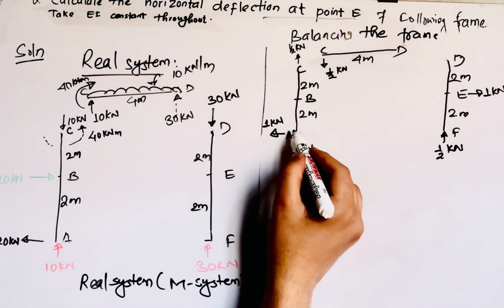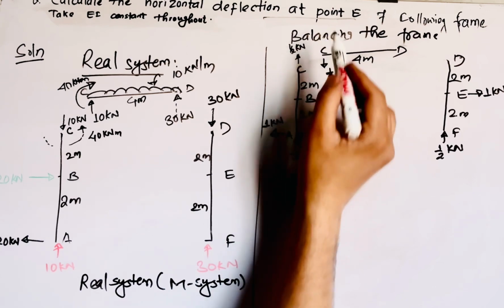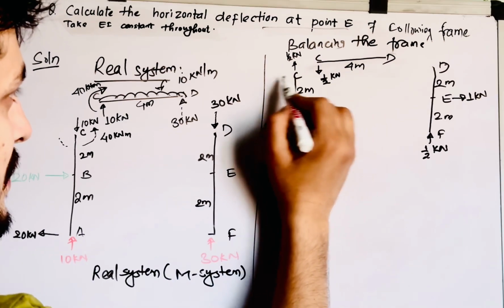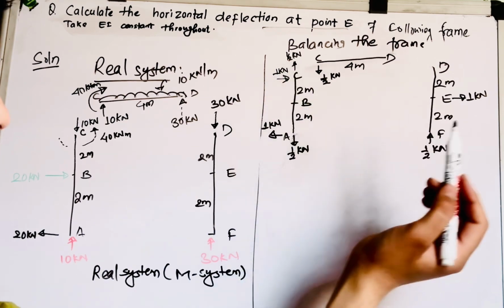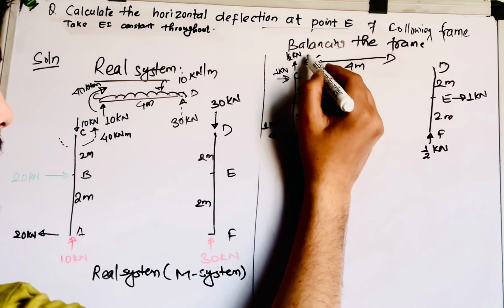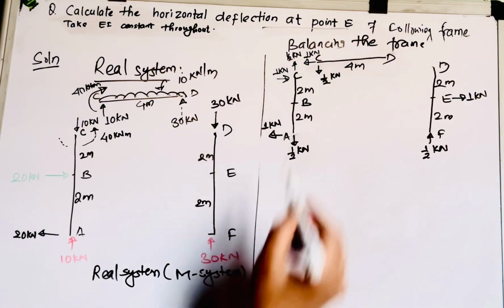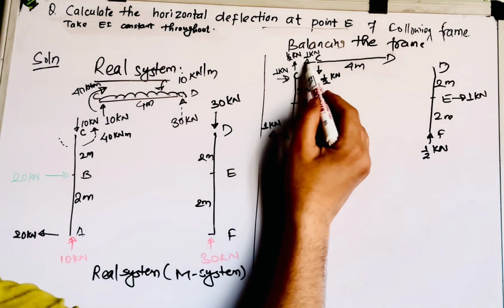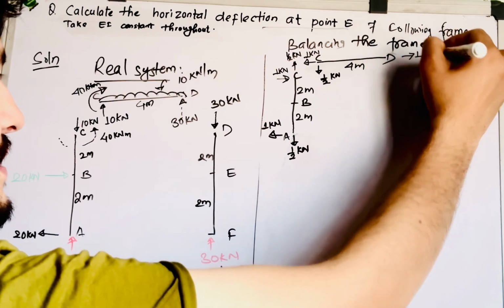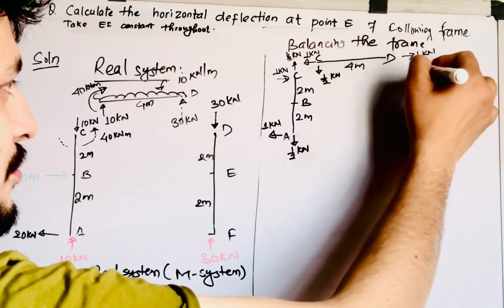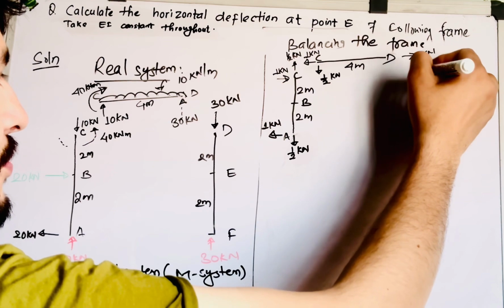So 1 kilonewton is here, right? So to balance this 1 kilonewton force should act like this, and to balance this 1 kilonewton should act like this, and this is the added portion.